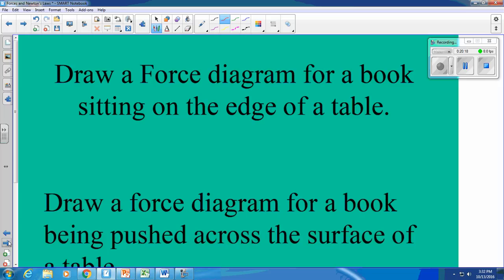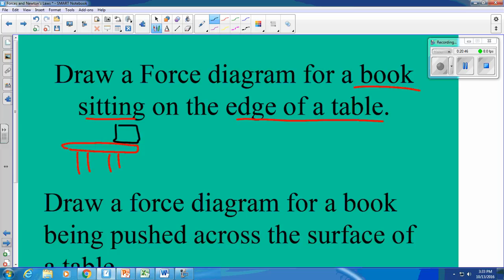So it says, draw the force diagram for a book sitting on the edge of a table. So what am I going to do? I'm going to first draw the legit picture. So here is my really sweet drawing of a table. And I have a box that is sitting on the edge of that table.